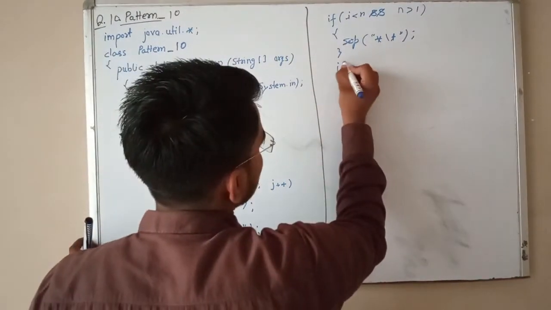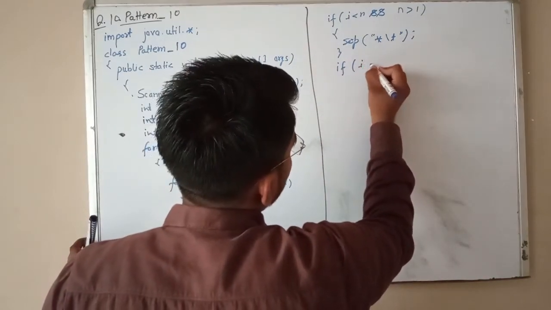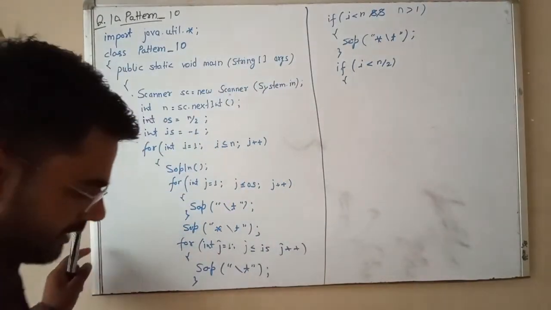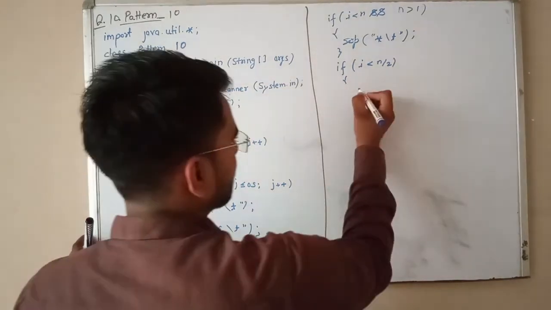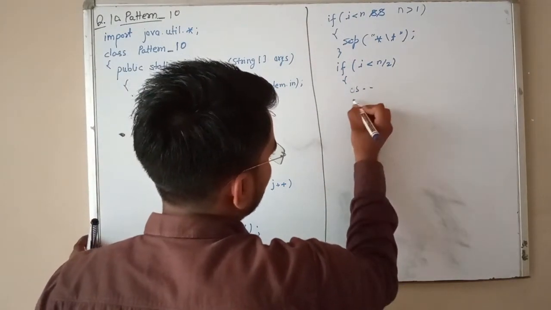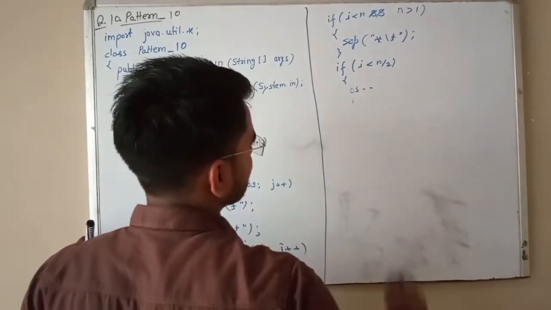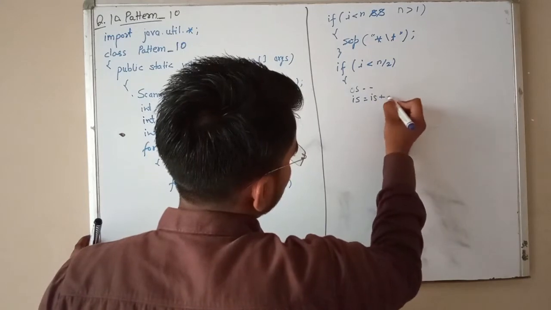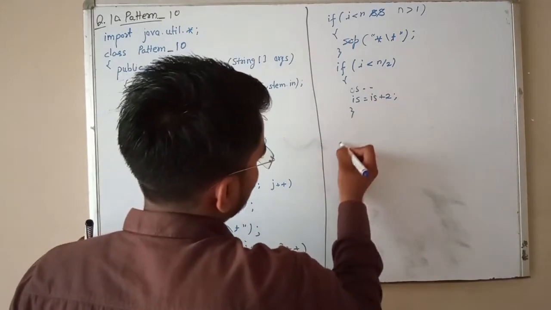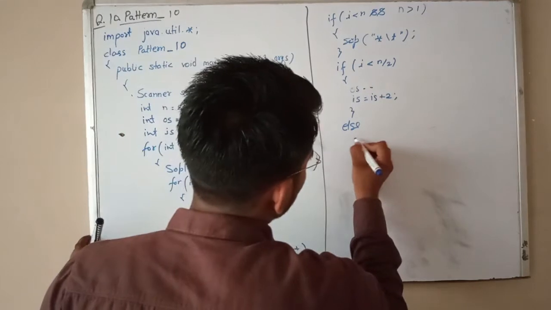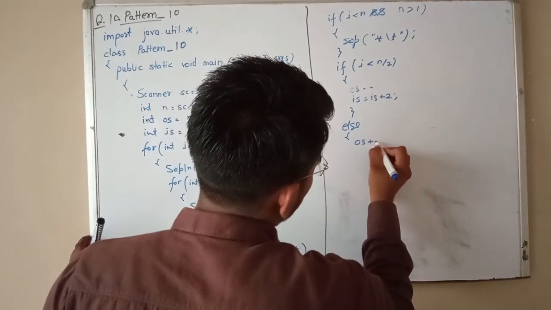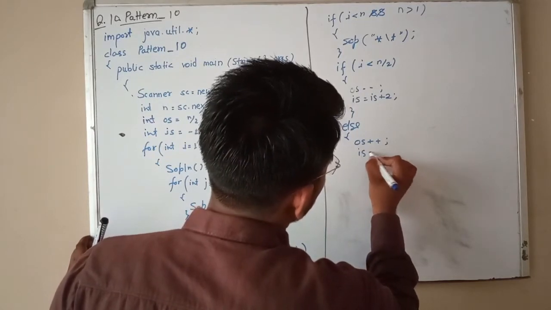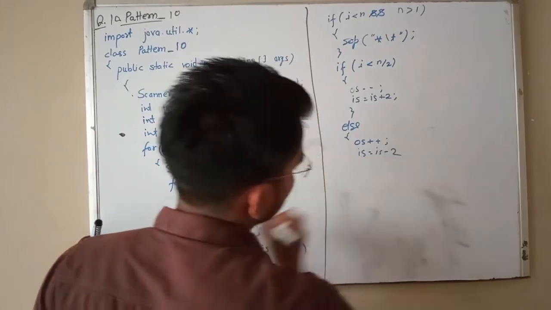Here if i is less than or equal to n by 2, then outer space minus minus and internal space is equal to internal space plus 2. Else outer space plus plus, and internal space equal to internal space minus 2.